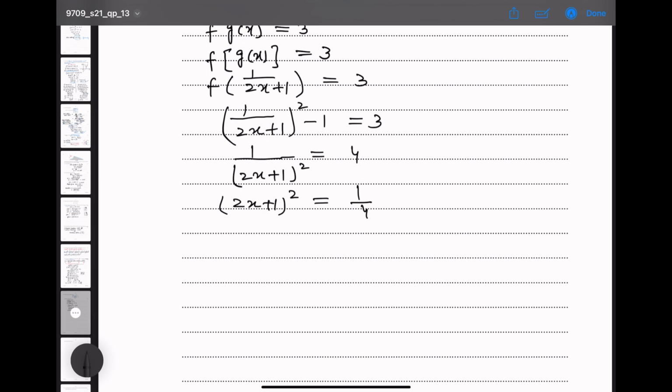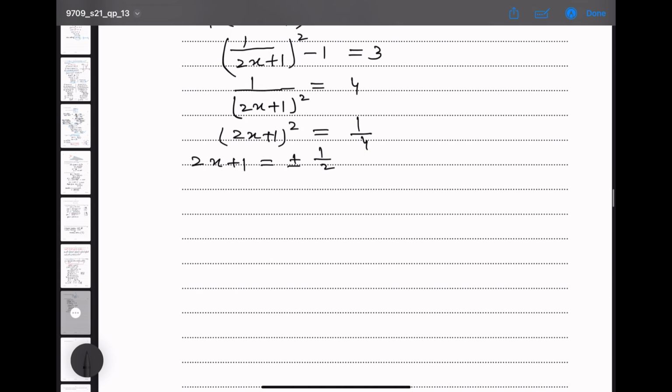Taking square root each side, we get 2x plus 1 is equal to plus or minus the square root of 1 over 4, which is 1 over 2. So 2x plus 1 is equal to 1 over 2, or 2x plus 1 is equal to negative 1 over 2.